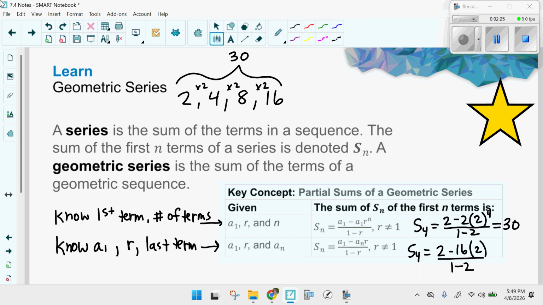I'm doing a quick little bit of arithmetic. 16 times 2 is 32. 2 minus 32 is going to be negative 30 over negative 1, which does add up to 30. So depending on what parts of the sequence we know, if we want to add it all together as a series, we would use one of those 2 formulas.